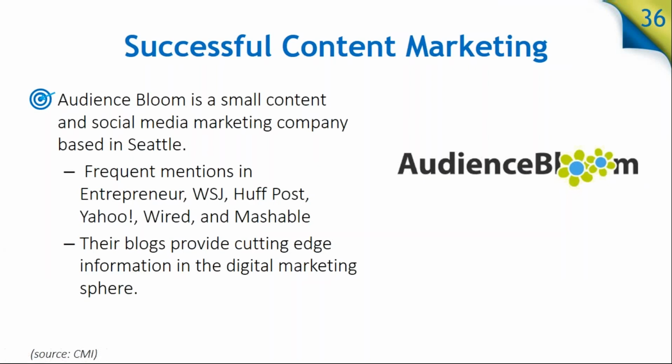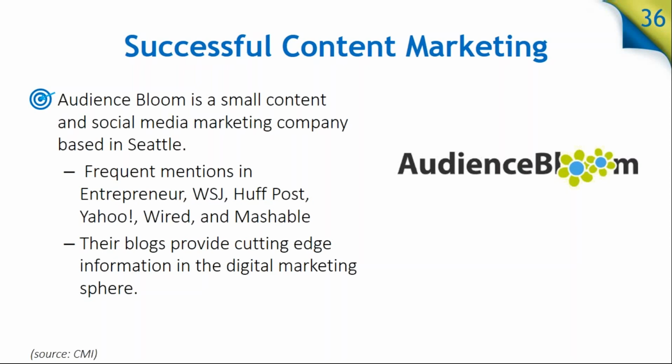Another one to check out is Audience Bloom. They're a small content social media marketing company, and they're doing really, really well with their earned media. They get constantly mentioned in Entrepreneur, the Wall Street Journal, Huffington Post. And if you look, their blogs are quite cutting edge. Their content is really interesting, and it's in the digital marketing sphere, and almost anybody in digital marketing is doing content.